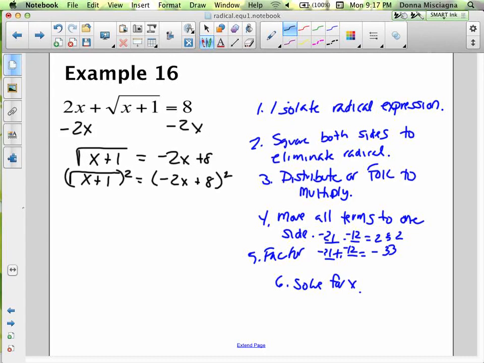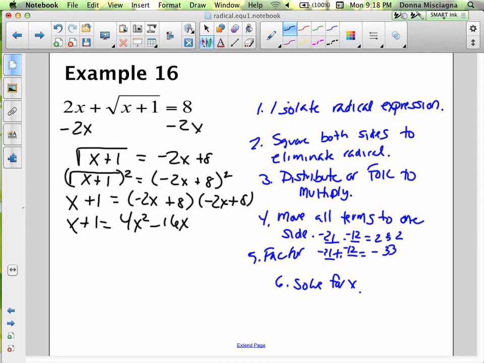All right, square and square root cancel on the left-hand side, so we have x plus 1. On the right, we're going to multiply negative 2x plus 8 times negative 2x plus 8. So we have x plus 1 equals negative 2x times negative 2x is a positive 4x squared. Then the outer terms, negative 2x times 8 is going to be a negative 16x.